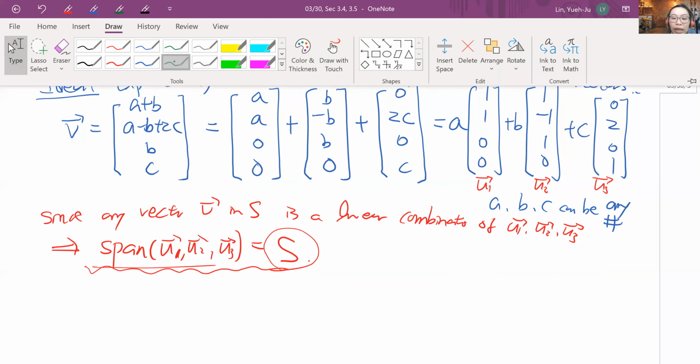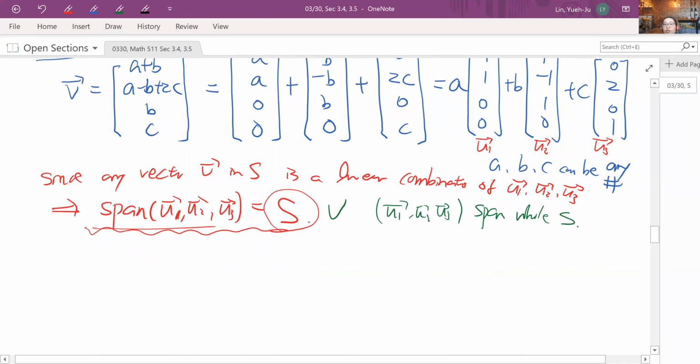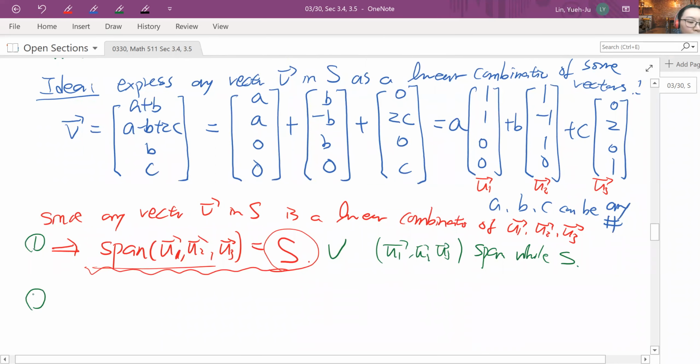So the next thing is that we have the spanning set, right? U1, U2, U3 span the whole S, but to form a basis, we need to make sure they're independent. So we need to check the independency. So the first step, we got. Second step, check linear independency.